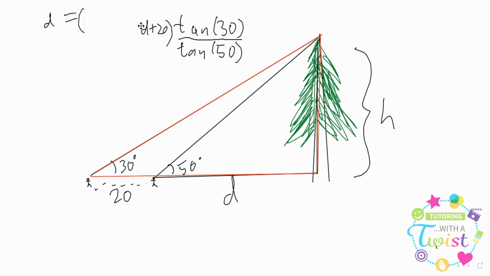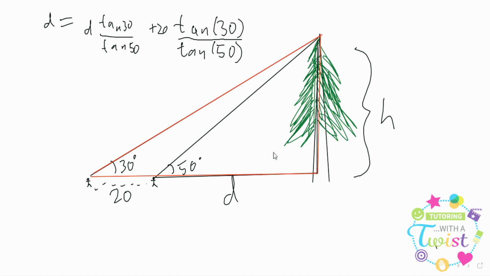Here, let's adjust this. So b times tangent 30 over tangent 50 plus 20 times tangent 30 over tangent 50. That sounds very scary, very complicated, but its bark is worse than its bite.